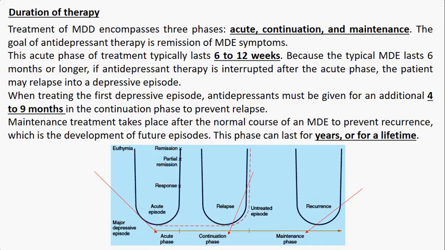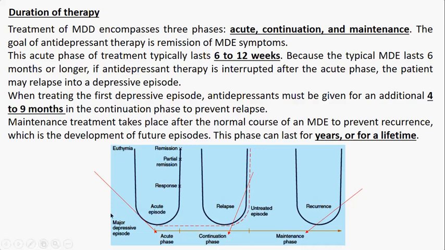So treatment of major depressive disorder encompasses 3 phases: the acute phase, as you can see in the figure at the bottom of this slide, the continuation phase, and also the maintenance phase. The goal of antidepressant therapy is remission of major depressive episode symptoms.